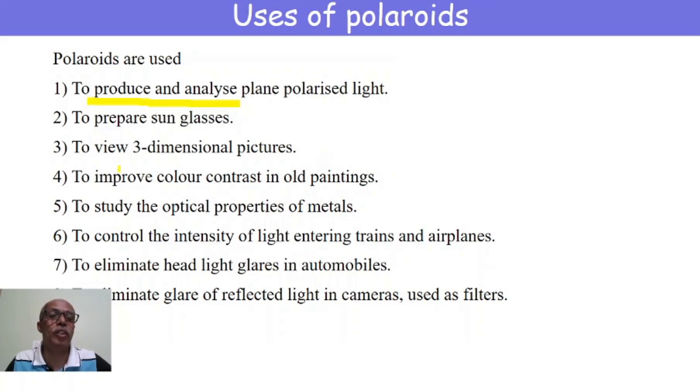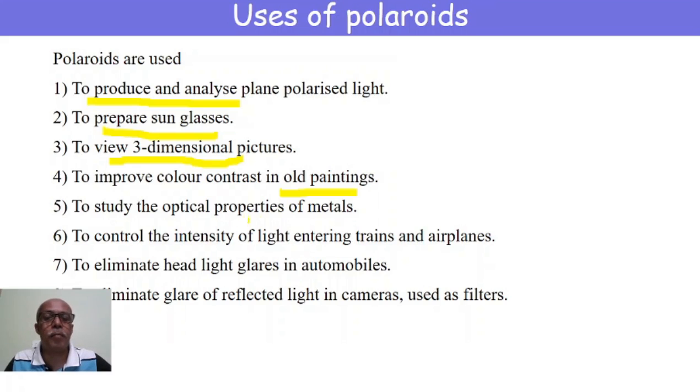They are used in the manufacturing of sunglasses, the Polaroid glasses. They are used to view three-dimensional pictures, with 3D goggles. And these Polaroids are used to improve the color contrast of old paintings.